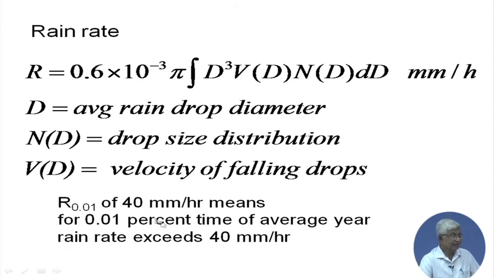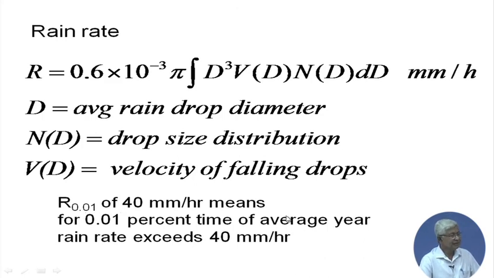So, normally the meaning is like that. This 0.01% of the time is a generally accepted thumb rule. So, people normally refer to rain rate as 40 millimeter per hour meaning 0.01% of time, but we can go to specifics, like 0.001% of time or 0.0001% of time, which is for a very short time.